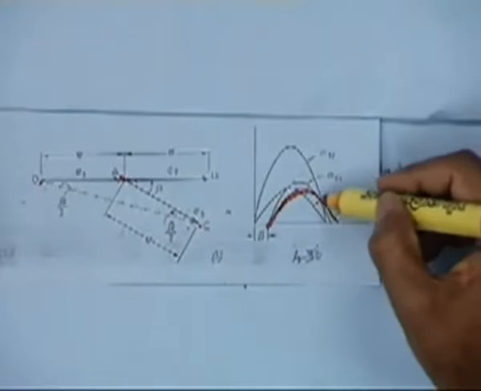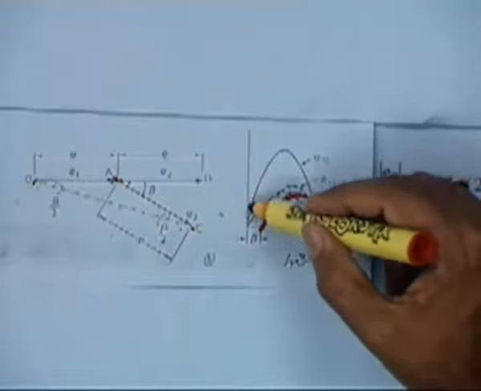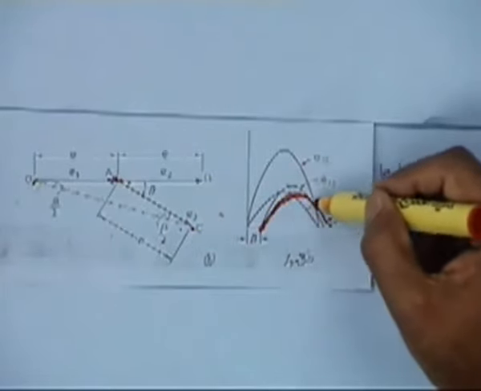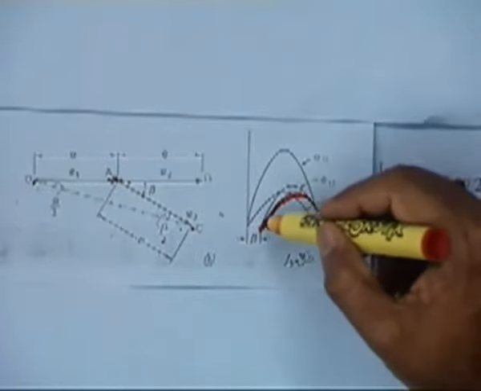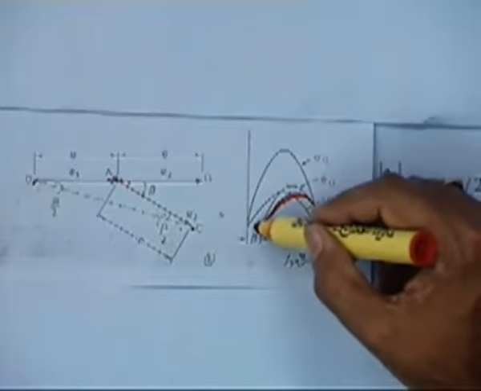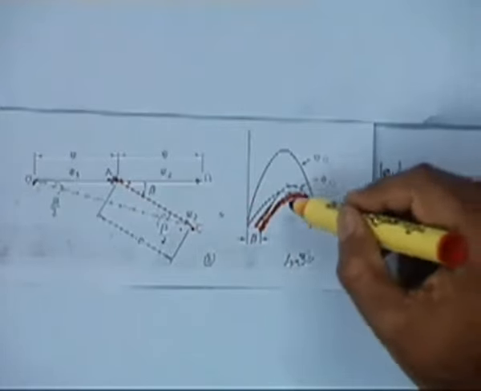So the second voltage, that is E3, will be like this. So the sum of the first and second will be E13, which is here. E13 is the sum of E1 and E3, which will be somewhere in between.